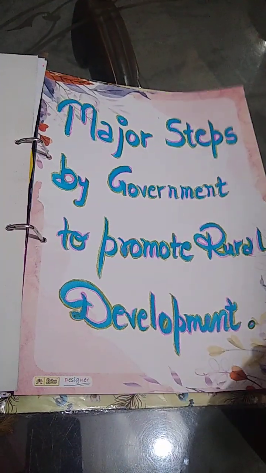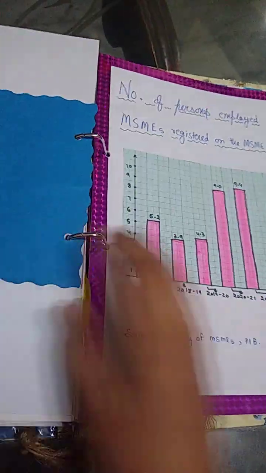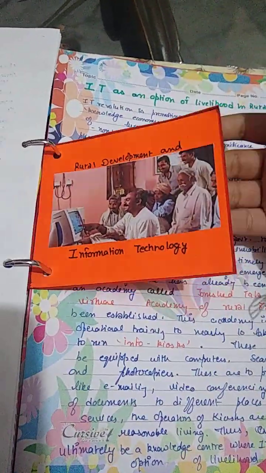The major steps taken by the government to promote rural development. These are MGNREGA, then MSMEs. This is the graph. Then it's all about MSMEs, how they have grown, etc. Rural development and IT in the rural sector.